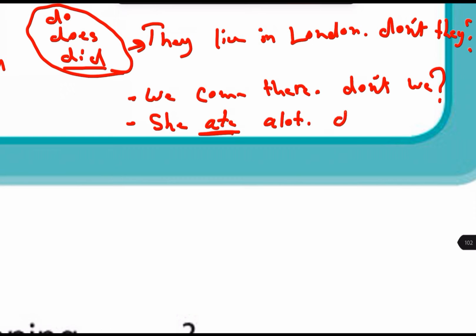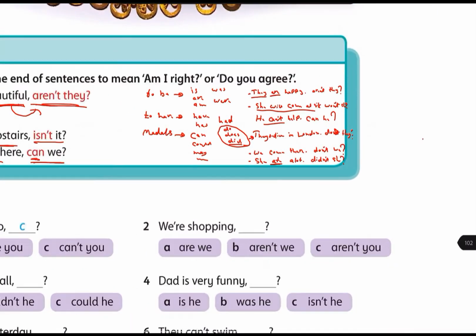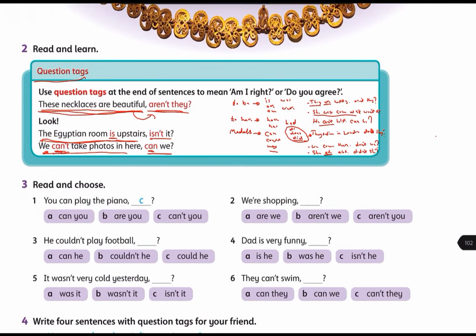It became didn't she? Good. How about if we say they don't live in London? It became do they? Hope you understand it.